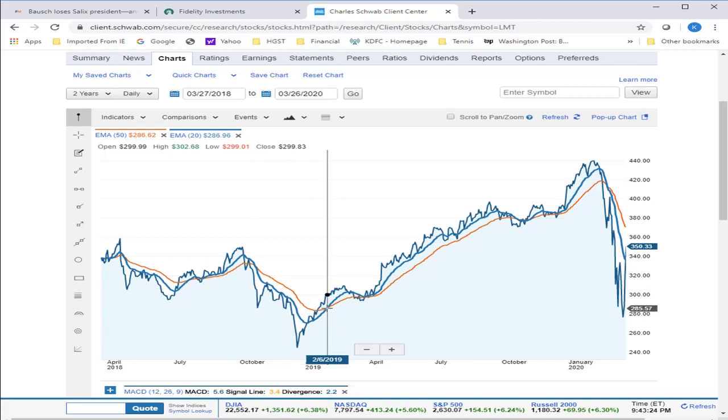And the price you would have been paying would have been almost $300 here as a buy signal, and as a sell signal here it was roughly 305. So not a whole lot of change, so that's why the indicator may not be as big a change as you would like.